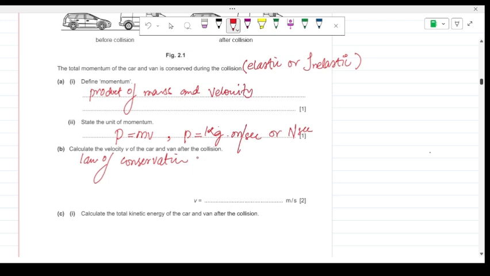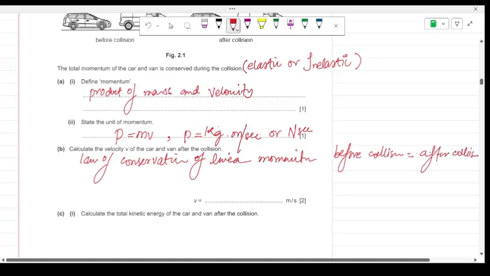So the law of conservation of linear momentum states that initial momentum is equal to final momentum, or before-collision momentum should be equal to after-collision momentum. Before collision, we can write the momentum of the two objects as m1 u1 plus m2 u2, and after the collision we can write m1 plus m2 times v, because the two objects are combined and have a common velocity v.